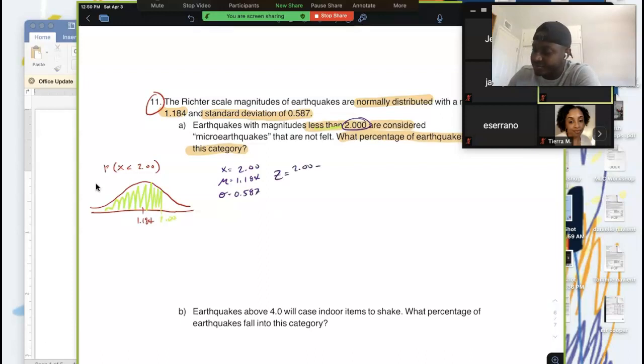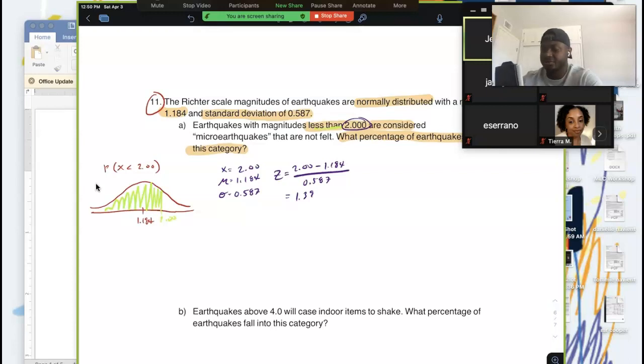So it's 2.0, 1.184, and 0.587. And that will give me 1.39.